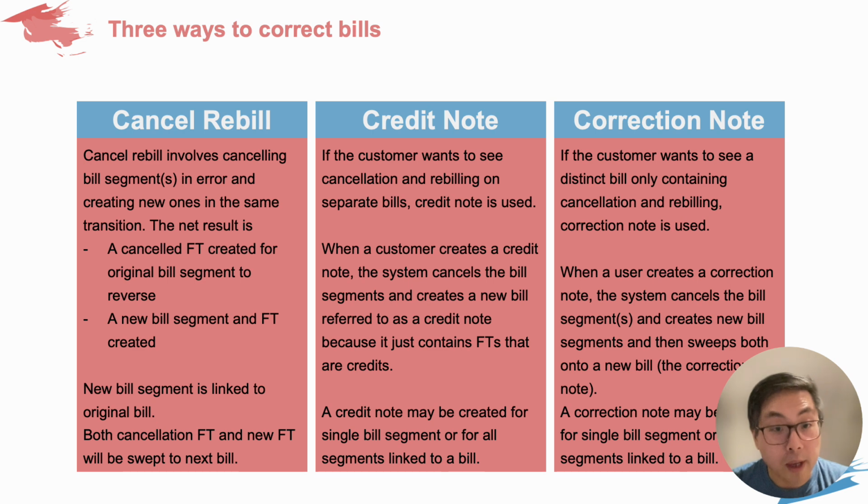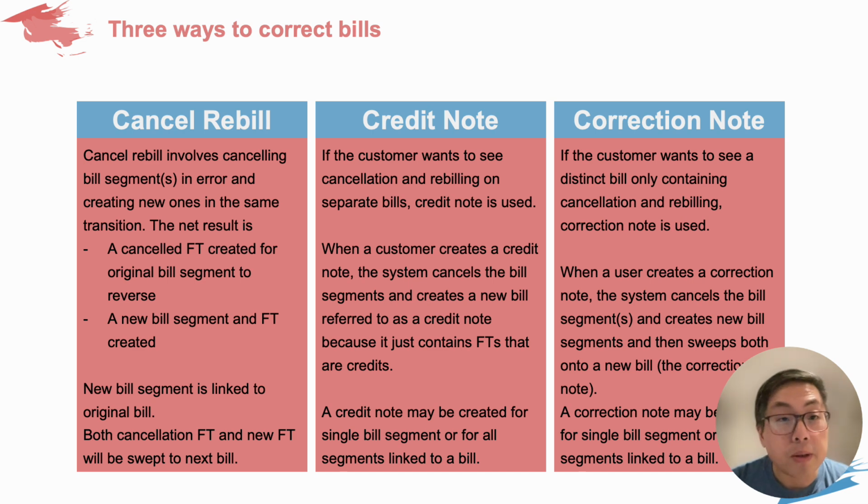It will add these 2 financial transactions, cancellation and the rebill financial transaction, in the next bill. So it will be a bill which contains everything in the next bill. We're seeing all the financial transactions get merged into the next bill.